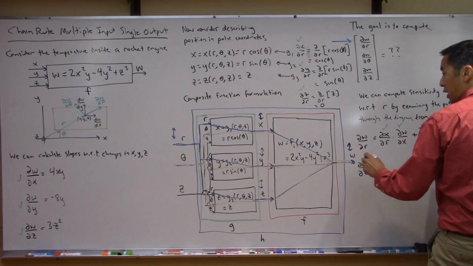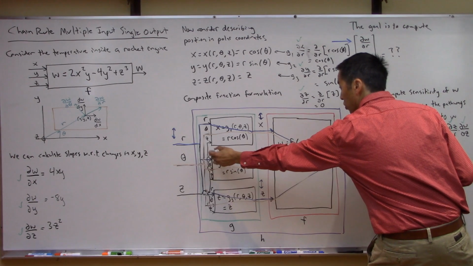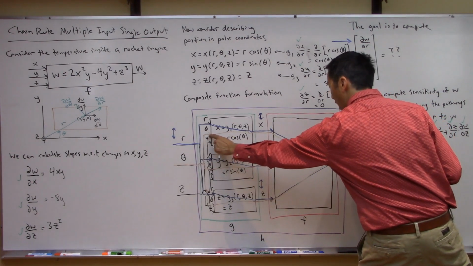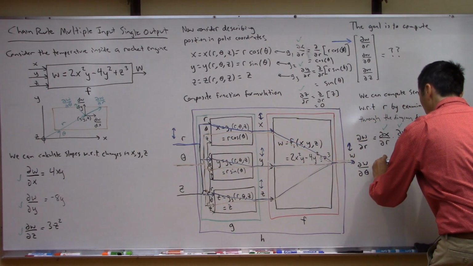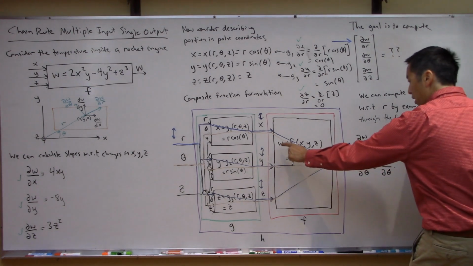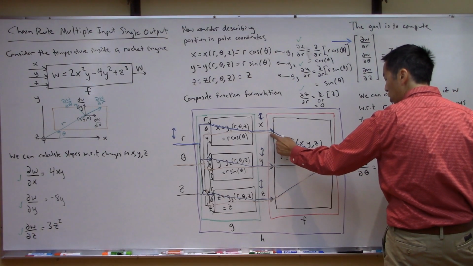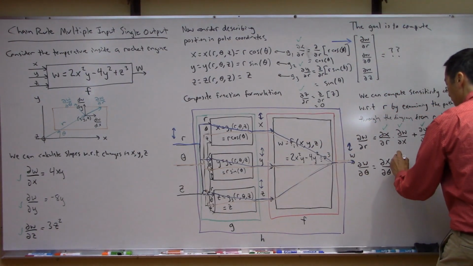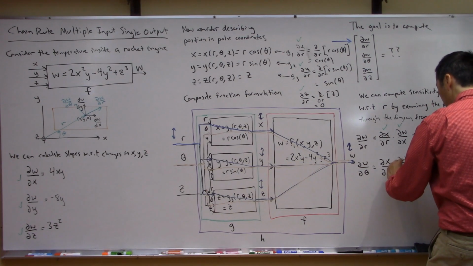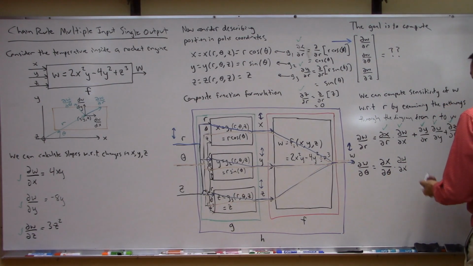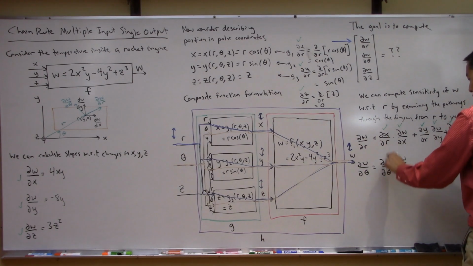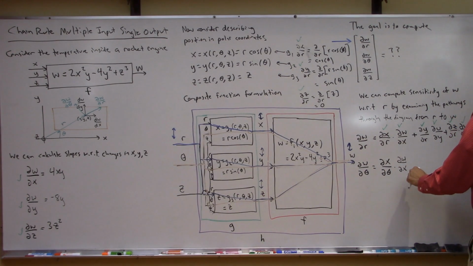This first orange branch is dx d theta, so it's partial x with respect to theta. But then we come through here and it's the same. Now that I have x, how does a change in x affect a change in w? That's still partial w with respect to x. So the first term changed, the second term stayed the same.